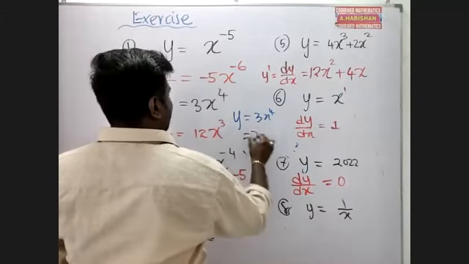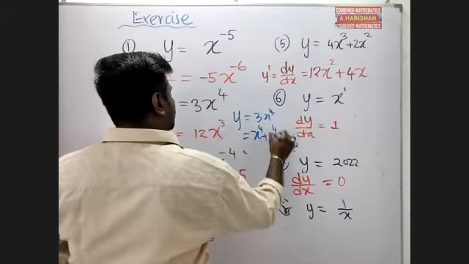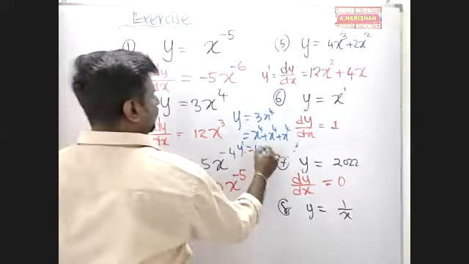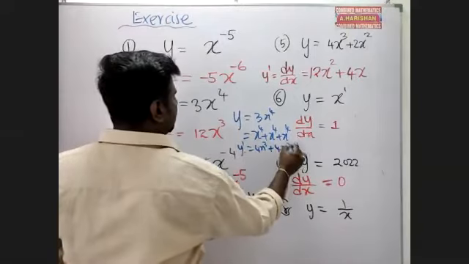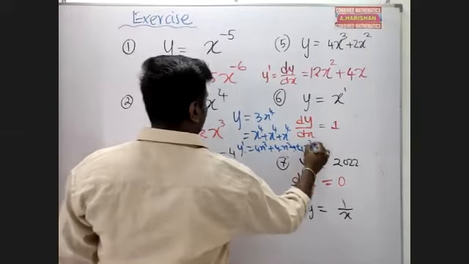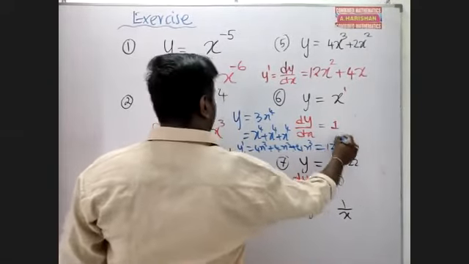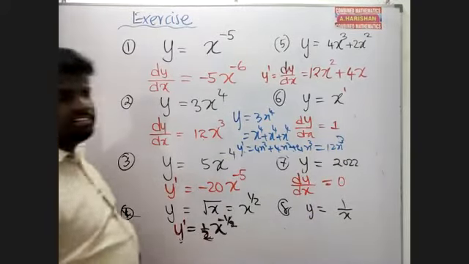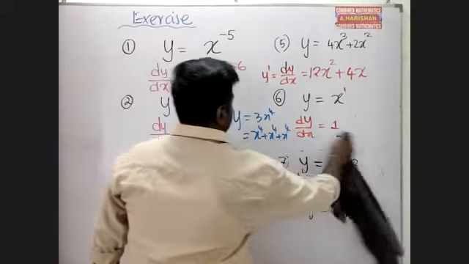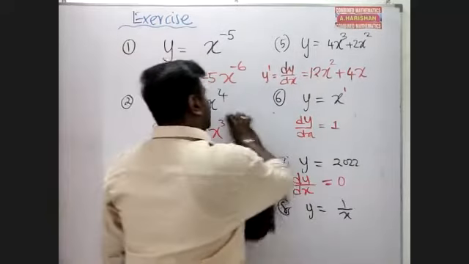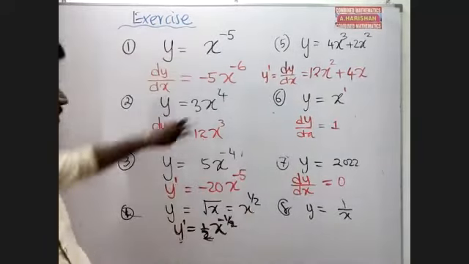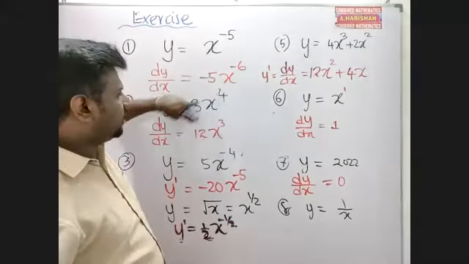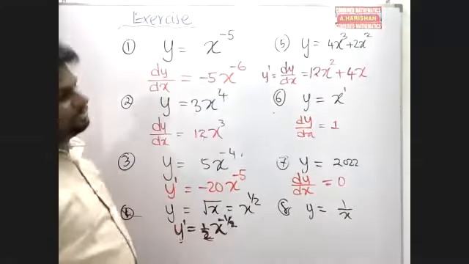It means x to the power 4 plus x to the power 4 plus x to the power 4. Differentiating gives 4x cubed plus 4x cubed plus 4x cubed, 3 times 4x cubed, 12x to the power 3. So don't think differentiating this is 0. This is multiplication: 4 into 3, then you subtract.